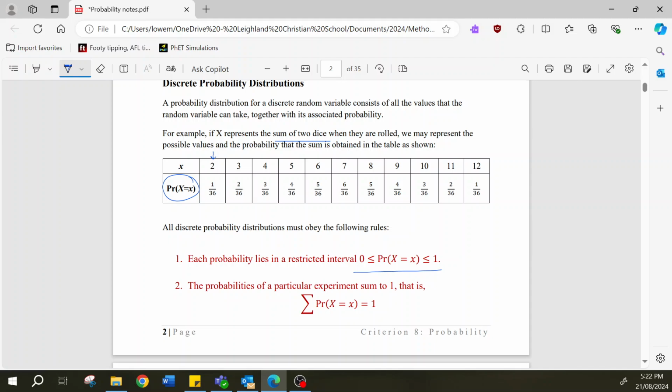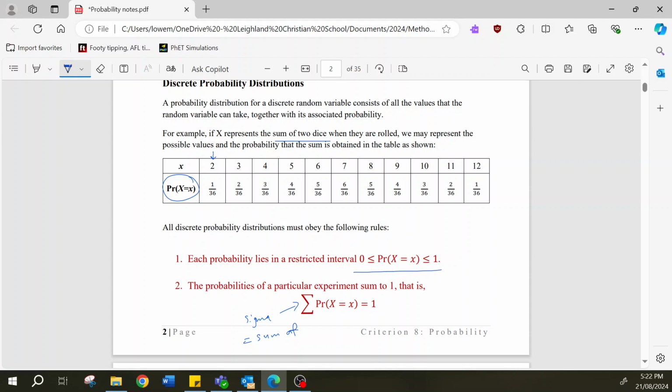So in maths, this Greek letter sigma means the sum of. So the sum of all the probabilities of this particular event must add up to 1.